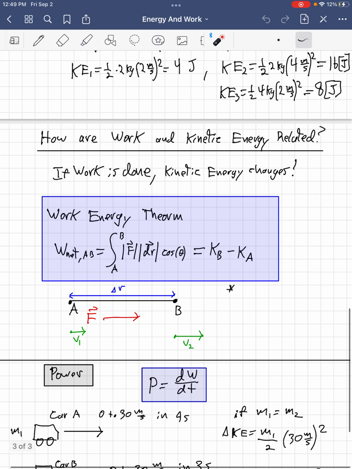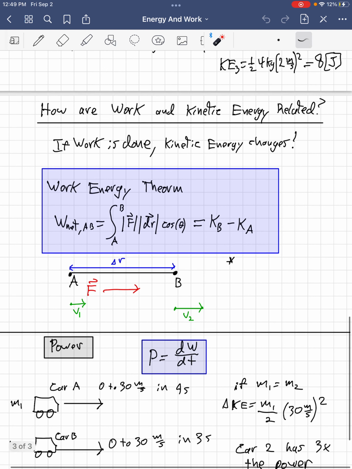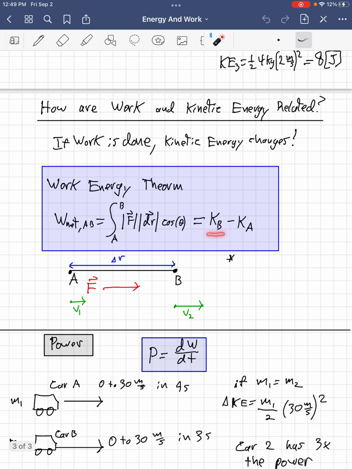So the net work from point A to point B is going to equal the change in kinetic energy: the kinetic energy at point B minus the kinetic energy at point A. So how much kinetic energy do you finish with, and how much kinetic energy did you start with? The change in that is going to be dependent on how much work you did.